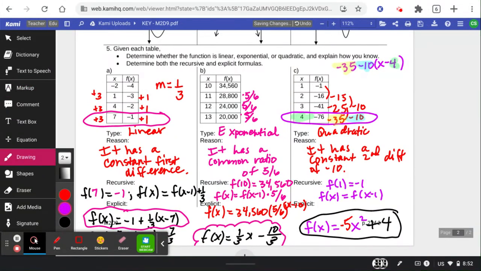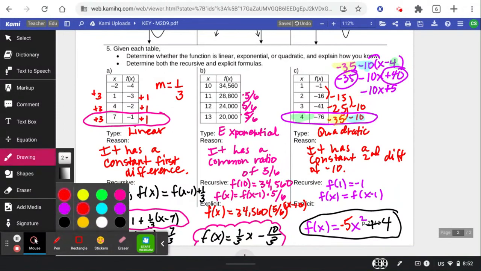Let's go simplify. Negative 10x plus 40, and then combining like terms, negative 35 plus 40 becomes negative 10x plus 5. There's my linear rate of change work. How'd you do?